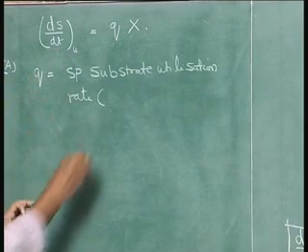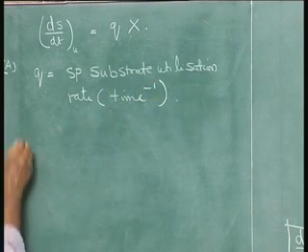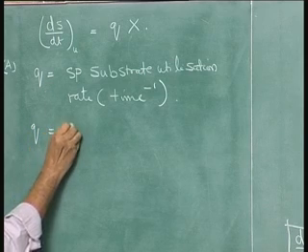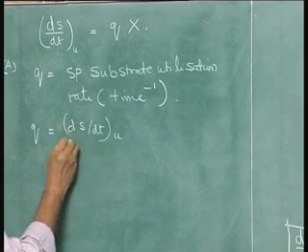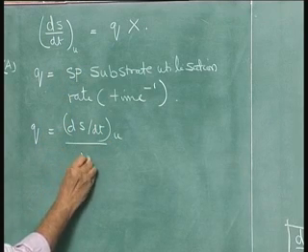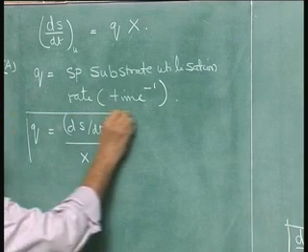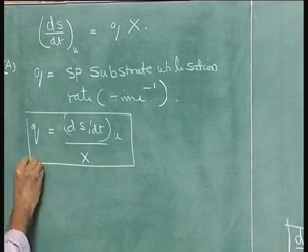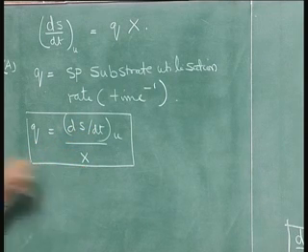So this is time inverse. Q is nothing but dS by dt utilized over X. So this is the Q value. Specific substrate utilization rate is this particular thing.